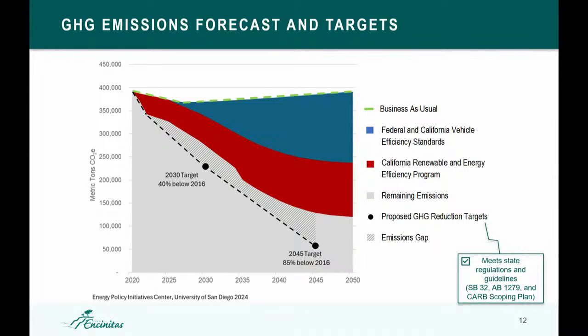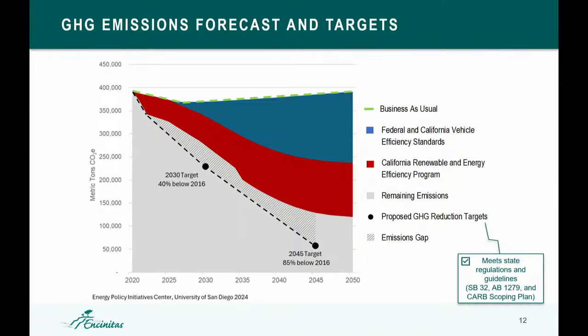But as certain federal and state regulations are implemented over time, we do see a gradual reduction. That blue wedge that you see represents the federal and California vehicle efficiency standards. Those are regulations that are tied to vehicle exhaust. And so over time, as those regulations are in place and people purchase new vehicles, it's expected that emissions will be reduced based on those purchases.